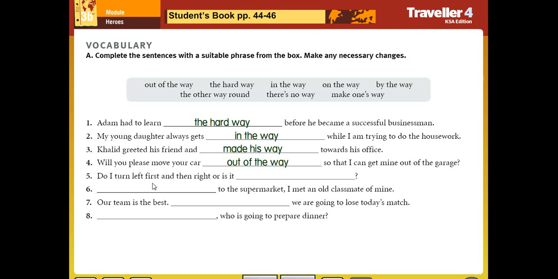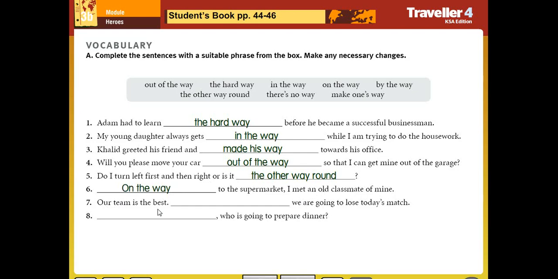Do I turn left first and then turn right, or do I turn right first and then turn left? Or it is the other way round. The other way round means the opposite. To the supermarket, on my way. I met an old classmate of mine on my way, or on the way to.